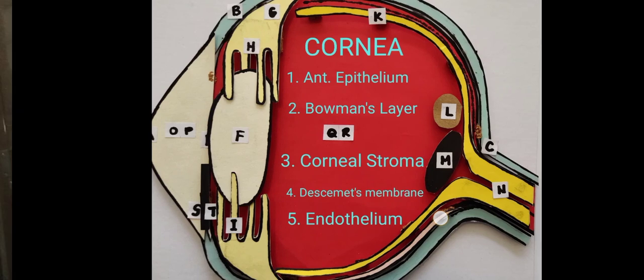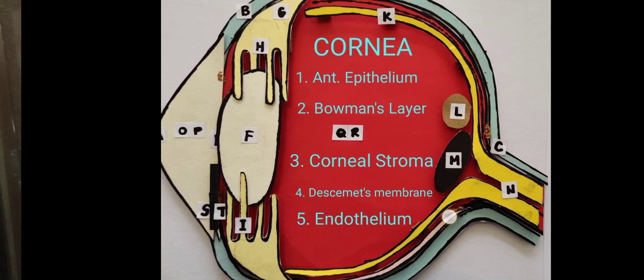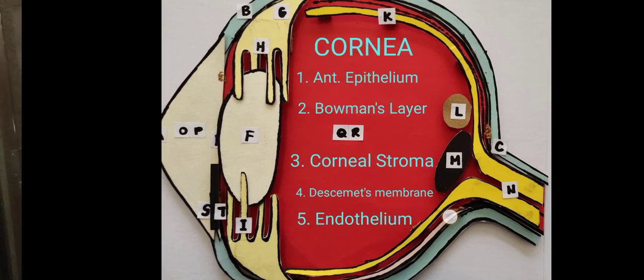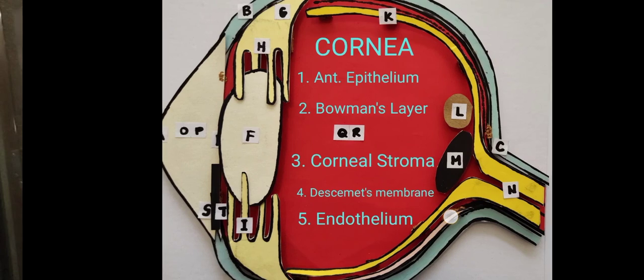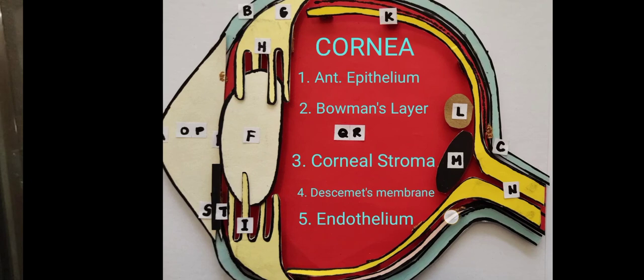but it cannot regenerate. Meaning, if the injury or the scratch penetrates the epithelium and reaches the Bowman's layer, usually because it's strong, it cannot injure the Bowman's layer. But if and when it does, that means that scratch will not heal.